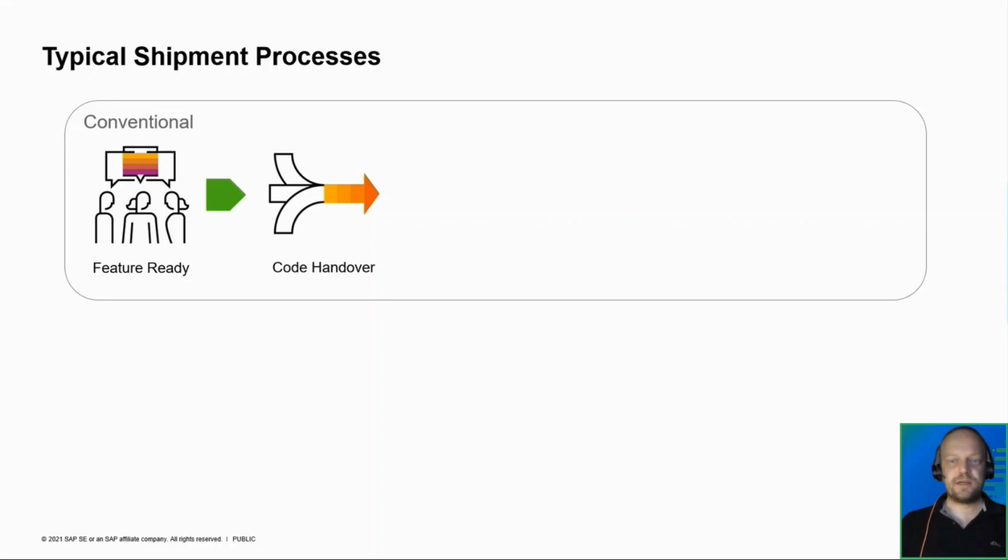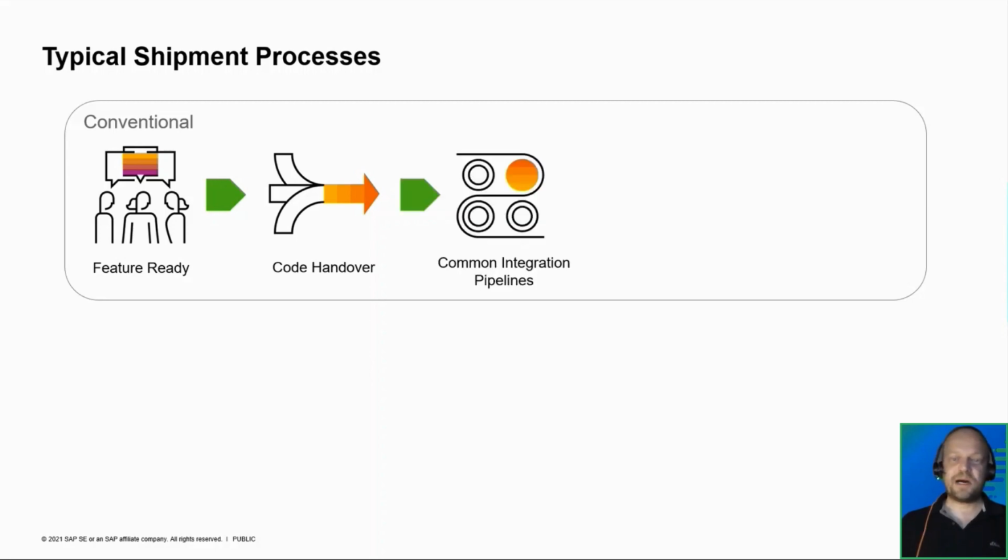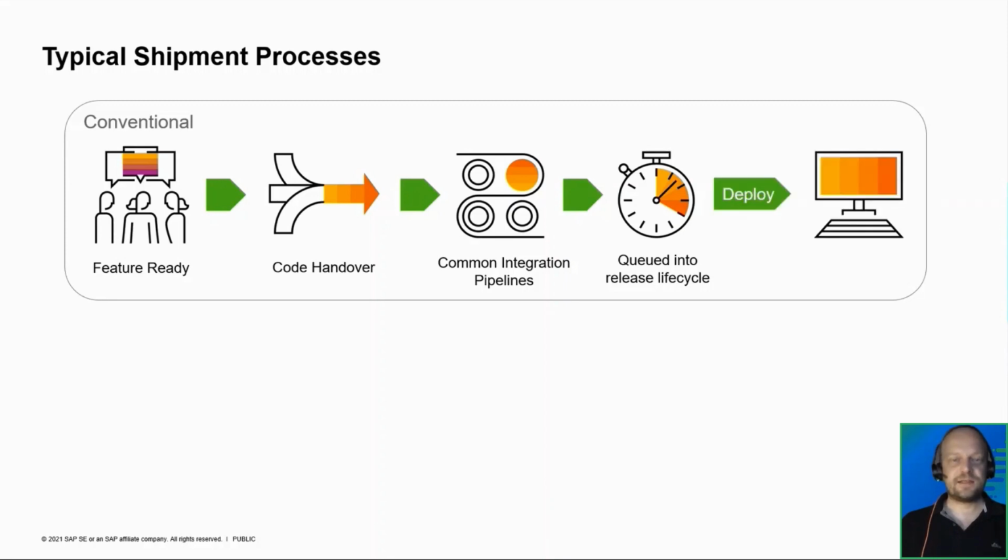And then usually a very heavy pipeline starts its work, potentially pushing it through some landscape stages. Maybe there is a central QA team looking at it, and so on. And if everything is fine, it ends up in a waiting state to be finally released to the end user at the next release date for the main application. And then it's live.